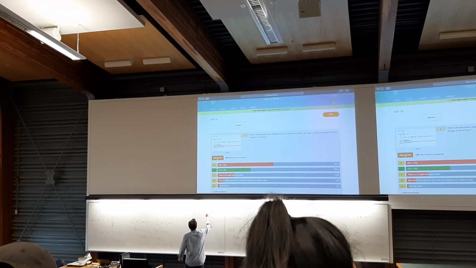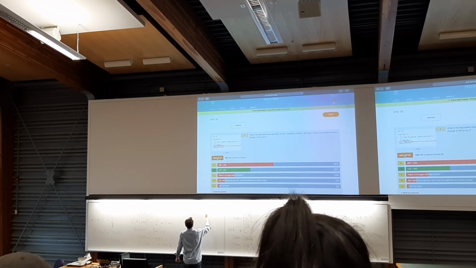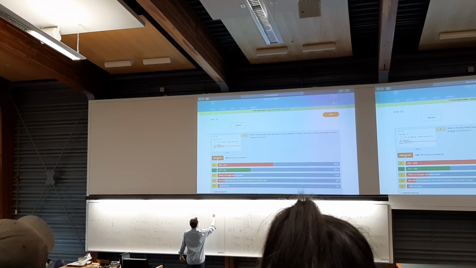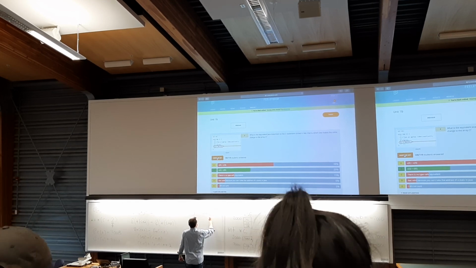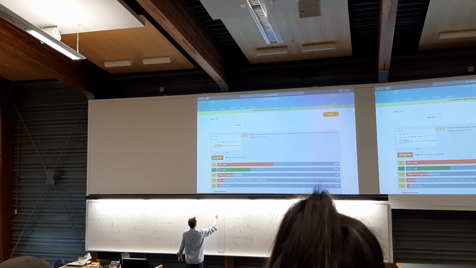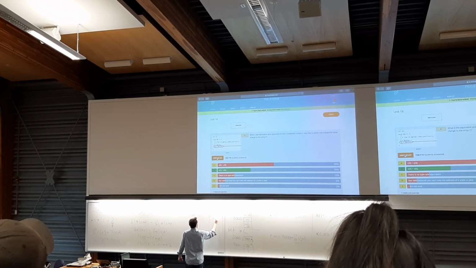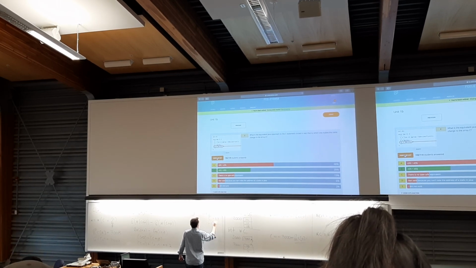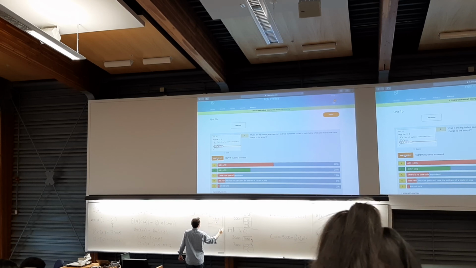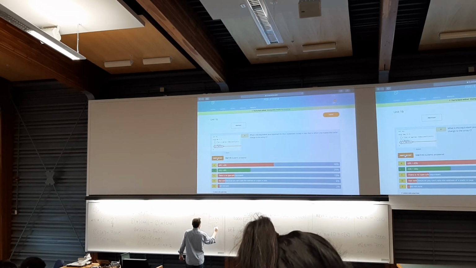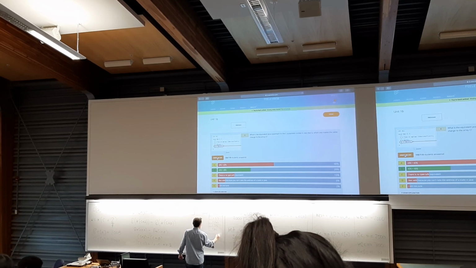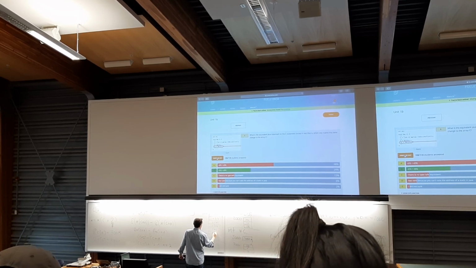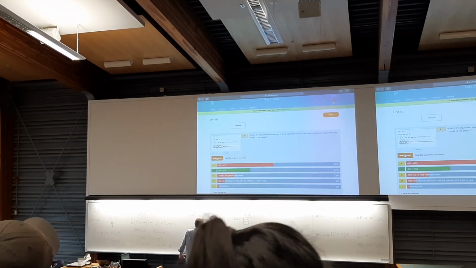Let's say that the array starts at 3,000. So this is essentially C sub 0, C sub 1, 2, 3, 4, 5, C sub 6.